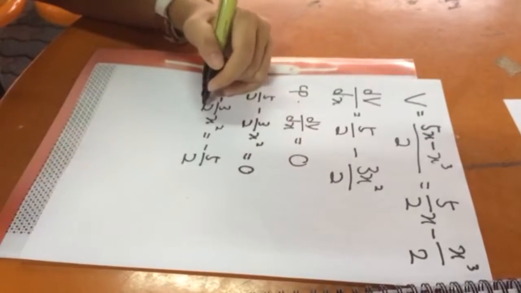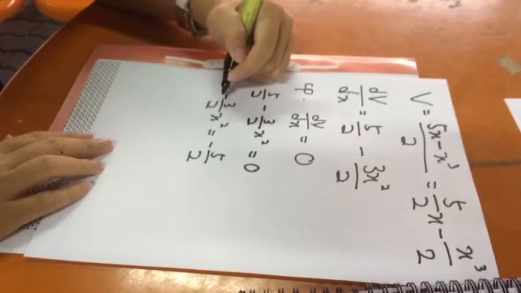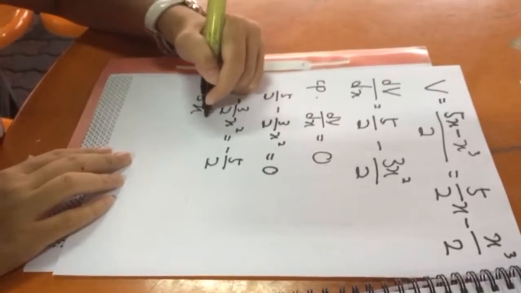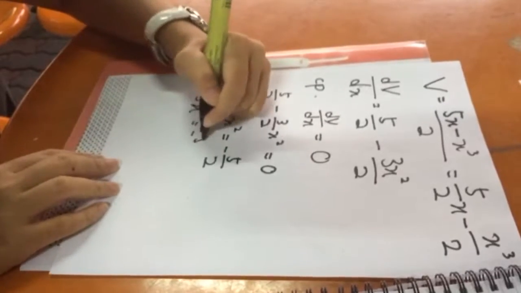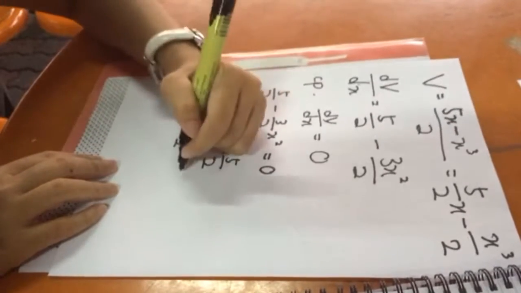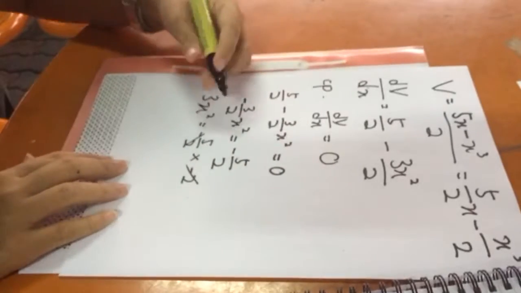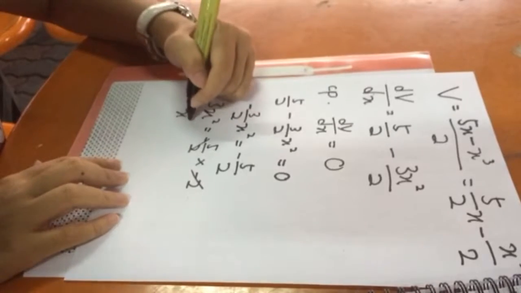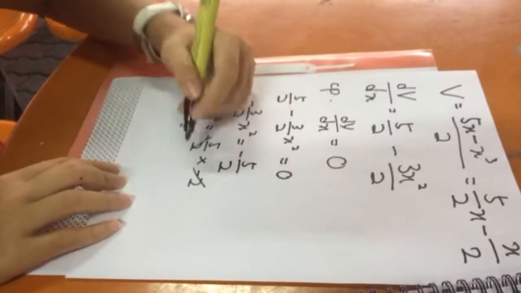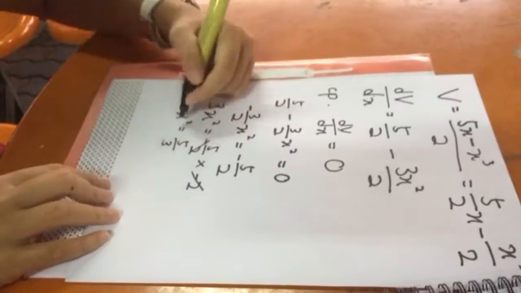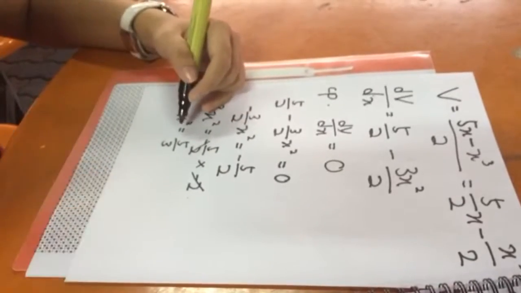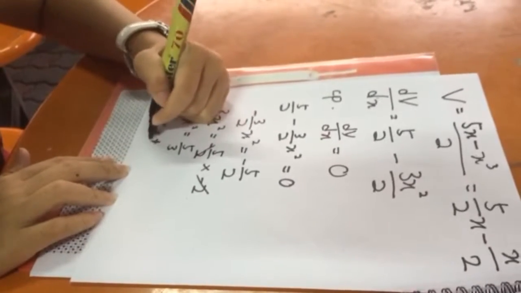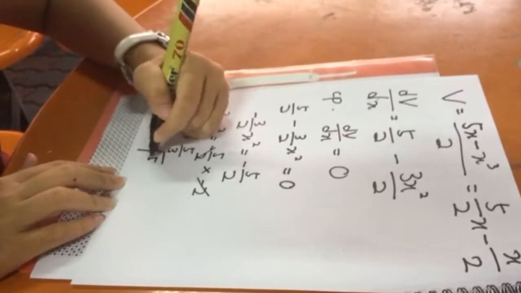Then the negative 2 shifts to the right side, so 3x squared equals negative 5 over 2 times negative 2, which cancels out. Then the 3 shifts to the right, so x squared equals 5 over 3, and the square shifts to the right to become x equals plus or minus square root of 5 over 3.